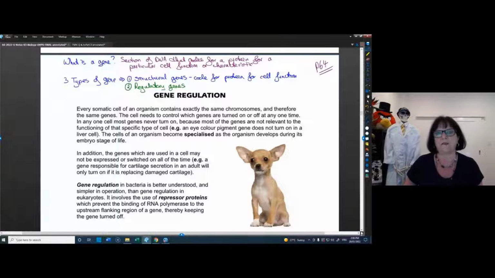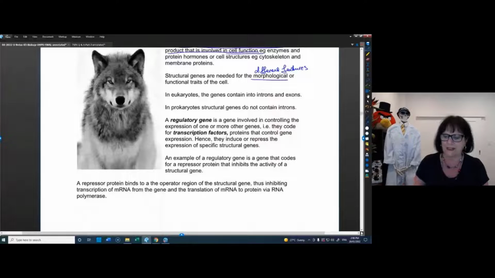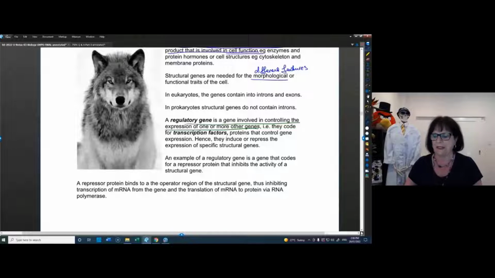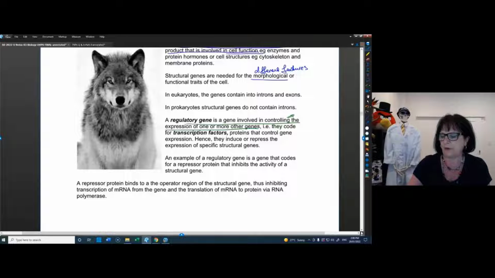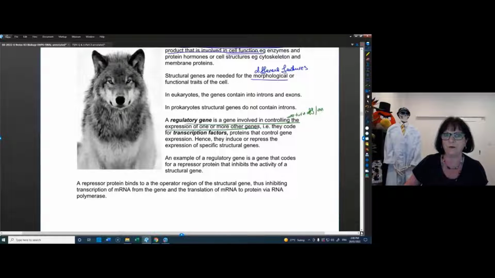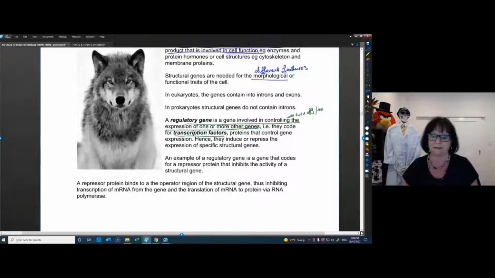They are still sections of DNA. They still code for a protein. But what regulatory genes do is they control the expression of other genes. These are the ones that are going to turn off or on other genes. So what they do is they code for a protein, and we call those proteins transcription factors.